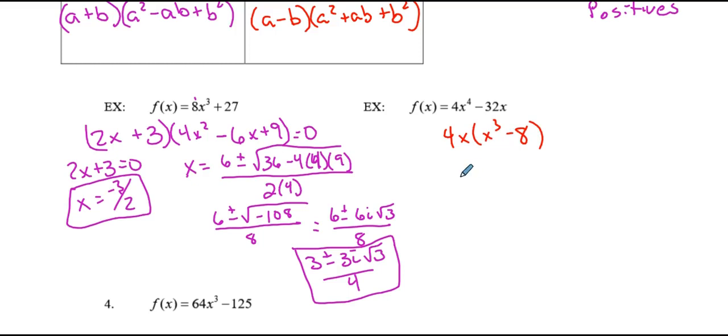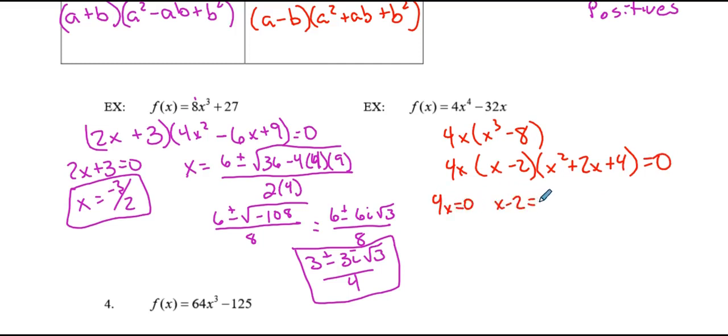So I'll factor this, keep my 4x, and I'll get x minus 2 multiplied by x squared plus 2x plus 4 equals 0. So 4x equals 0, x minus 2 equals 0, x squared plus 2x plus 4 equals 0.